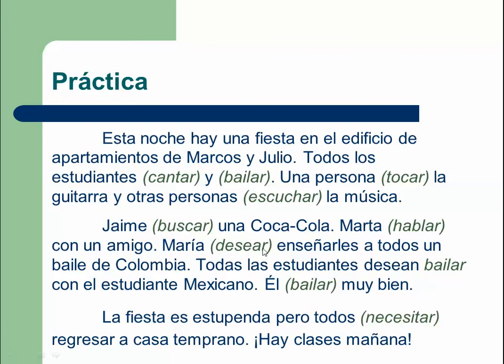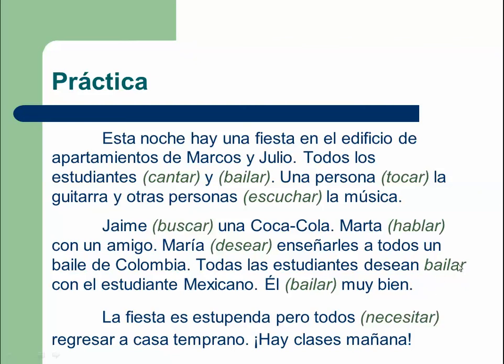Desea, she wants, or she desires, to teach, enseñarles a todos un baile de Colombia. So she wants to teach them all a dance from Colombia. Todos los estudiantes, so all the students desean bailar con el estudiante mexicano.